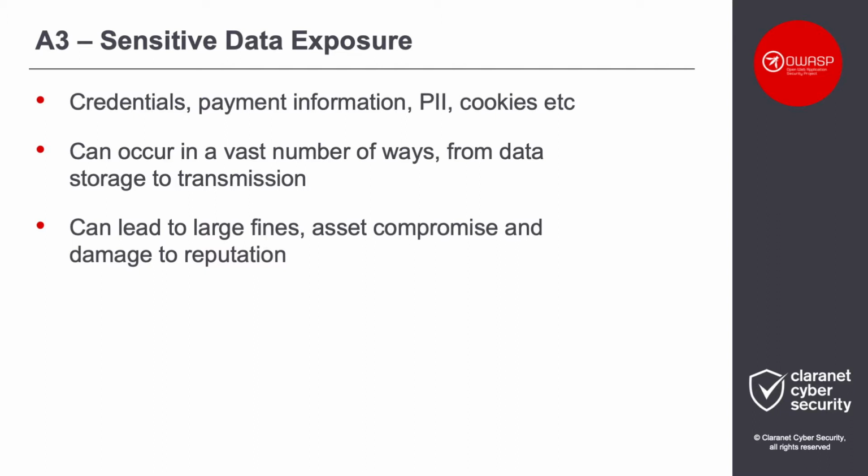The list just goes on. And the exposure of this can occur in a vast number of ways, but it can occur in two ways: in data storage or transmission. Now, due to recent legislation such as GDPR, or the General Data Protection Regulation in the EU, this can lead to large fines, compromise of cyber assets, and a big damage to reputation if such incidents are not handled correctly.